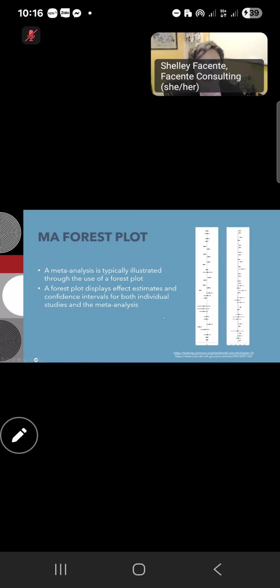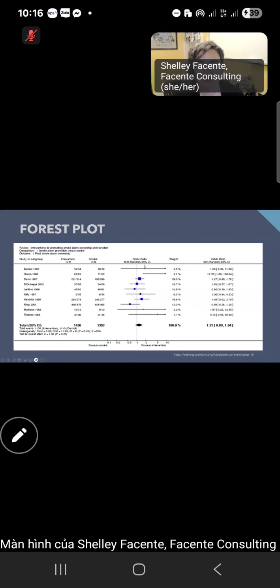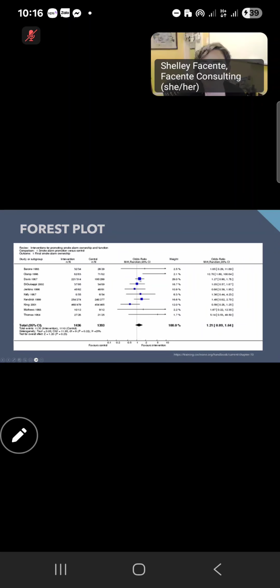This is a little blurry on the screen, but this is the part I wanted you to see. So this is a forest plot where they're getting even a little more fancy. The size of the square is related to the sample size of the group. So the bigger the N of the underlying study, the bigger the square, the smaller the study, the smaller the square.